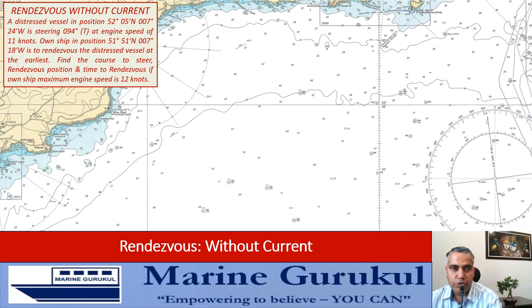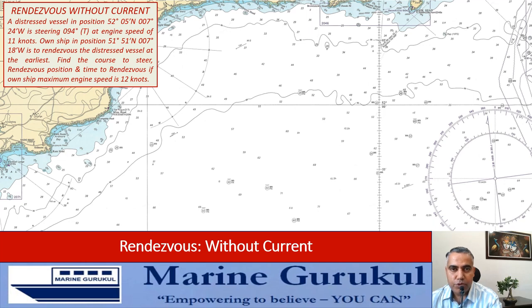Own ship in position 51 degrees 51 minutes north, 007 degrees 18 minutes west is to rendezvous the distressed vessel at the earliest. Find the course to steer, the rendezvous position, and the time to rendezvous if own ship maximum engine speed is 12 knots.